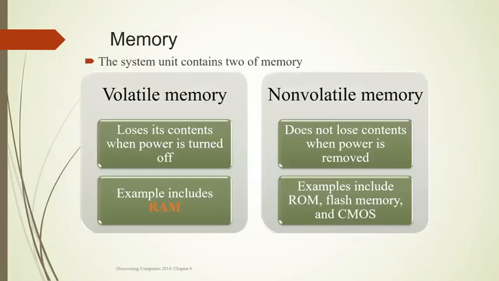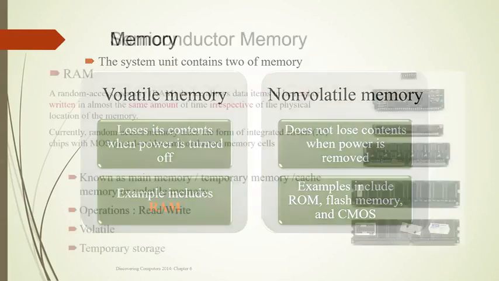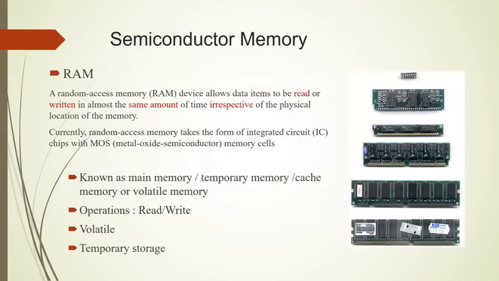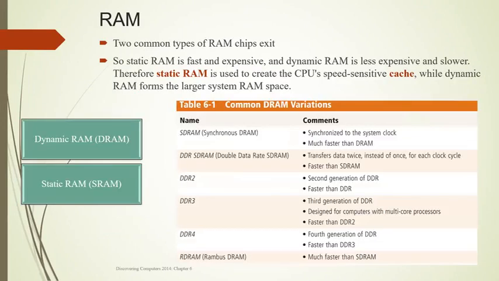Volatile means if the power is off to that memory, the data will be lost. The data will be lost when power is turned off. Okay, this is volatile. Example for the RAM: in the RAM we know two types. What are these? DRAM, dynamic RAM, and static RAM.